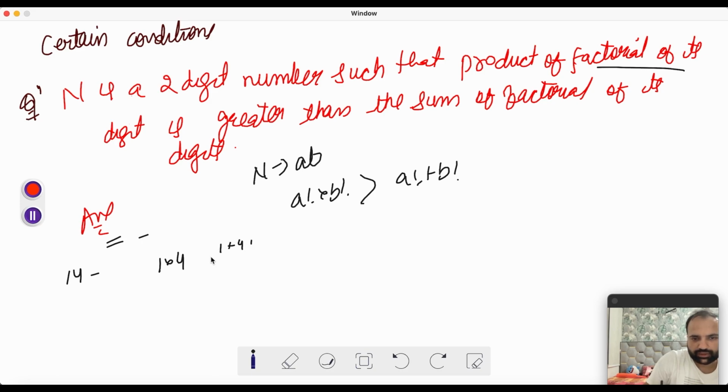So we see that this is not satisfying the condition. This is going the other way. The sum is greater because this is 25 and this is 24. You can check for any other number, let's say 19. 1 factorial into 9 factorial, and 1 factorial plus 9 factorial. Anyhow, the sum is greater, so it is not satisfying the condition.